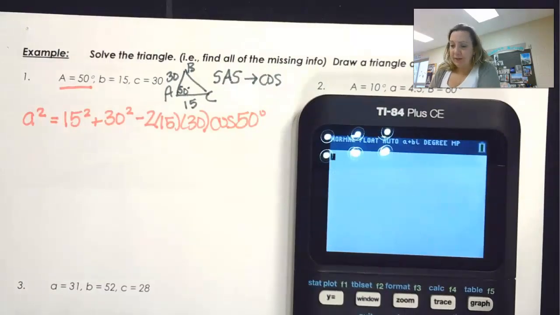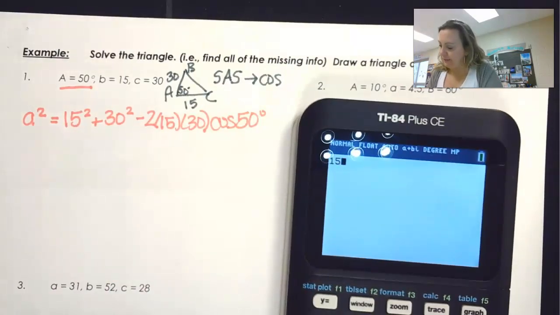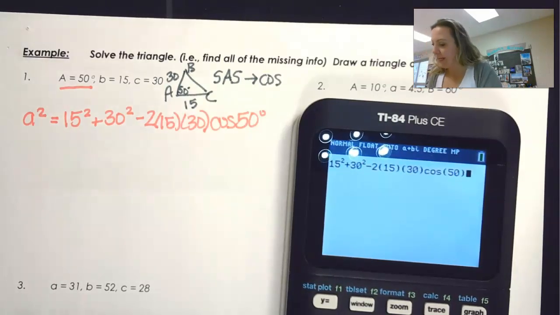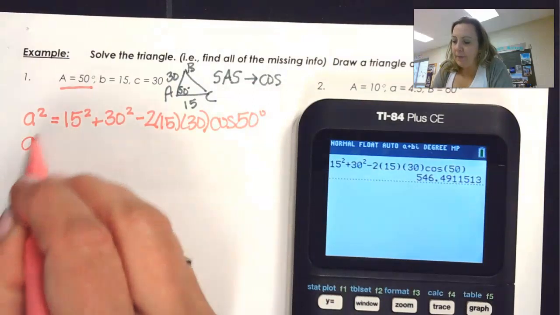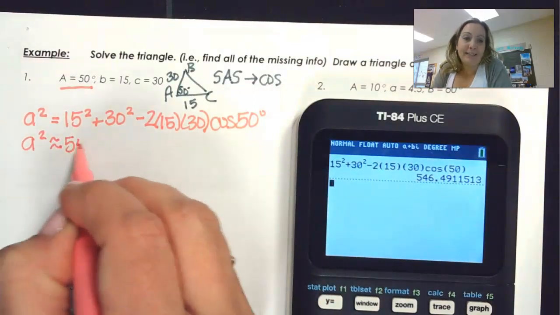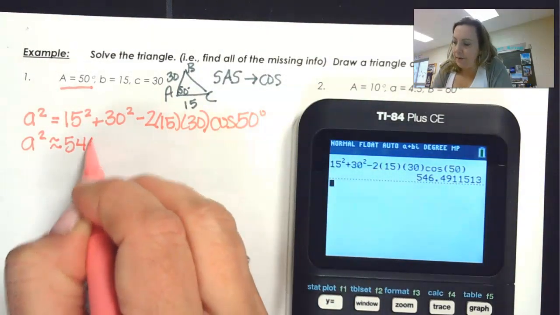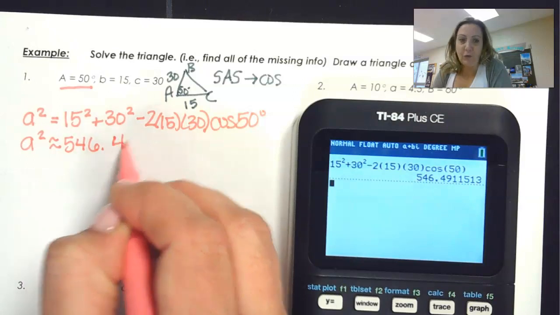Okay, so here I'm just going to type all of this in, 15 squared plus 30 squared minus 2 times 15 times 30 times the cosine of 50, and I get 546.491-ish. Okay, so I'm going to write it down as a landmark, but I'm not going to use that number.